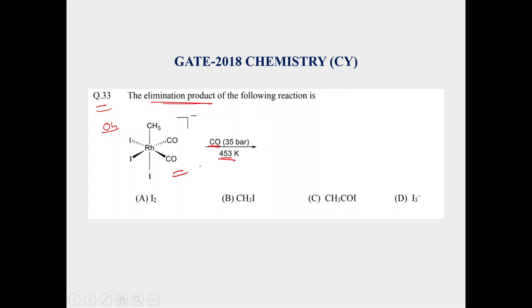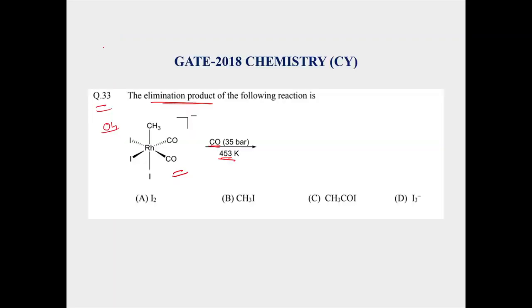Okay, so first of all, let's write this Rh, CH3, I, I, I and 2 carbonyl ligands. So what is the total number of valence electrons in this complex?